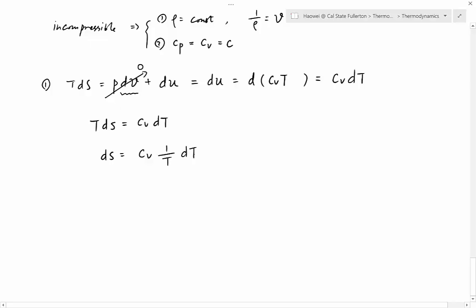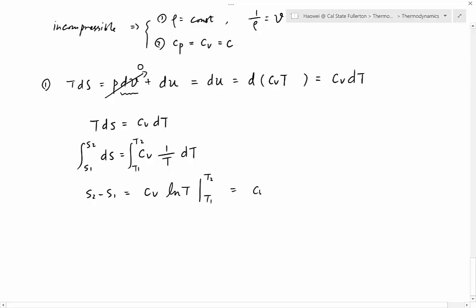Okay, so now we integrate. Lower limit s1, upper limit s2. Lower limit T1, upper limit T2. So now the left-hand side just becomes s2 minus s1, and the right-hand side has Cv, which is constant. You pull it out, and then the integral of 1 over T dT. What is that? That is natural log T. Lower limit is T1 and upper limit is T2.